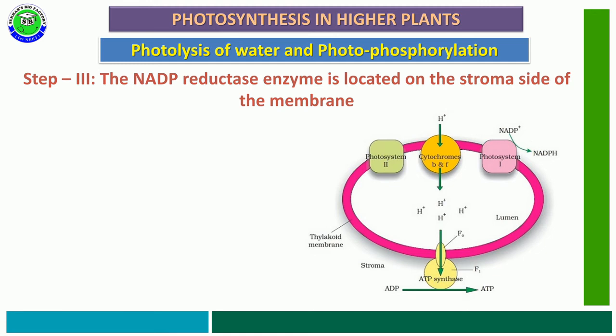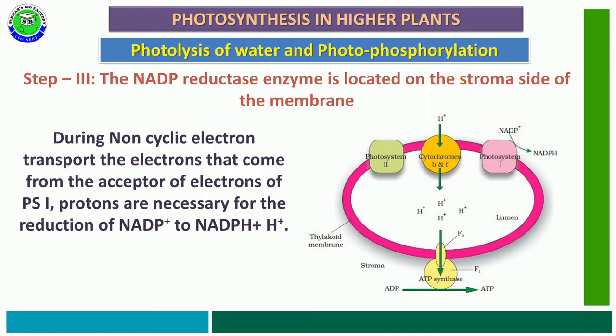The third step is the NADP reductase enzyme. It is located towards the stroma side of the membrane. Whenever non-cyclic electron transport takes place and electrons reach NADP+ from PS1, NADP+ receives electrons and utilizes H+ ions from the stroma for reducing NADP+ into NADPH + H+.